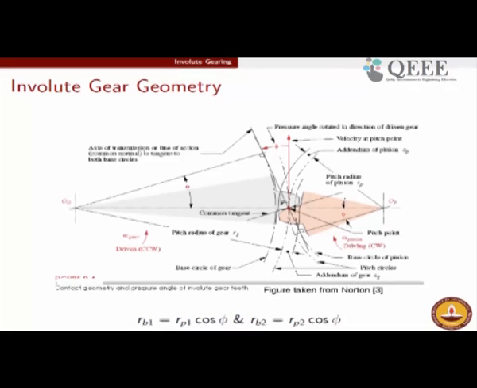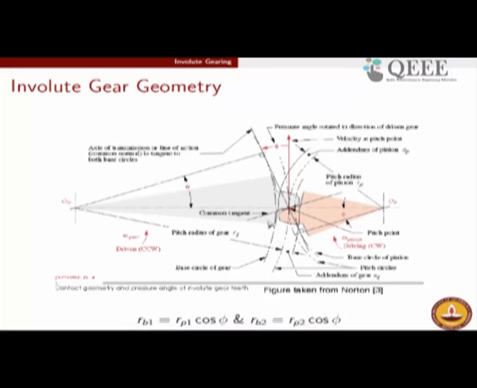The angle of this common normal of the two involute gear teeth with reference to the common tangent is called the pressure angle. So the pressure angle is the angle between the common normal to the gear teeth and the common tangent of the two pitch circles. But the common normal, as we have seen, is also the internal common tangent of the two base circles.